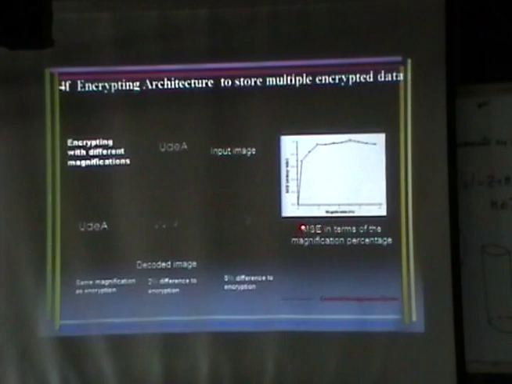Usually, you compare your output with your input with a mean square error parameter, which is rather adequate to define the quality of the decoded image of the decryption receptor.